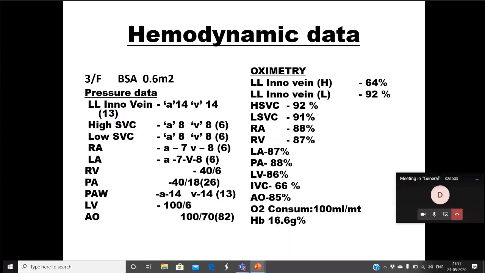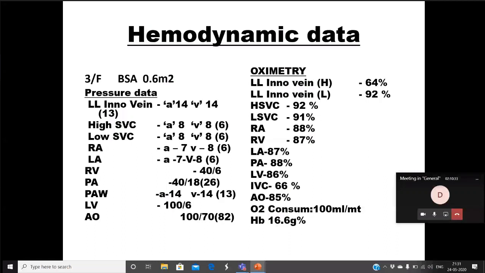The normal 4 to 12 is the LV end diastolic pressure, which can go up to 10 to 11. Here it should usually be less than 8. So your trend is abnormal.